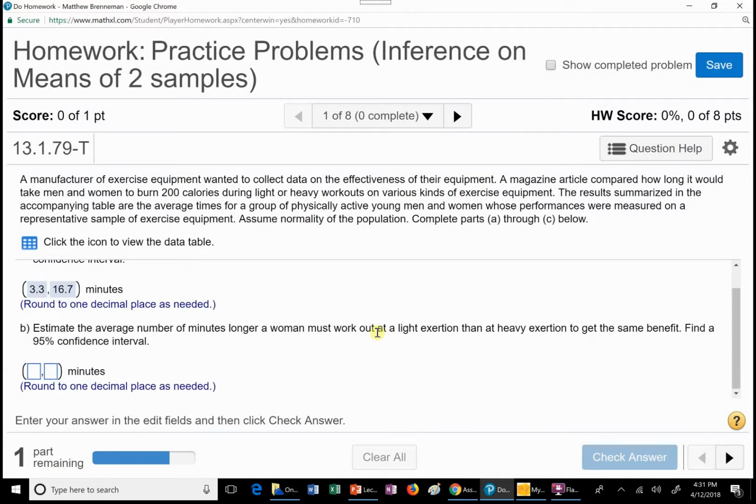Notice that if you enter them the wrong way, you'll get the wrong answer. You'll get negatives.